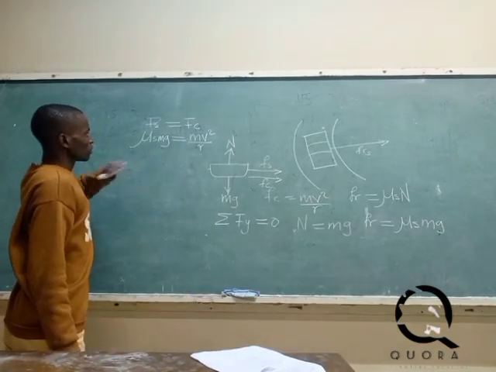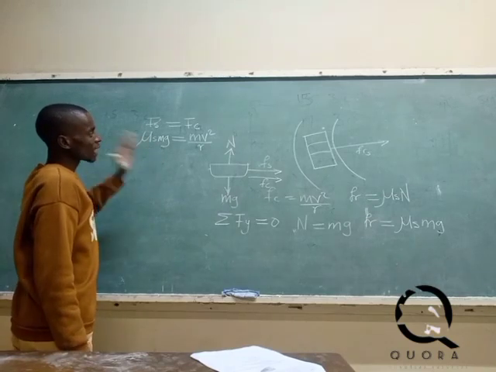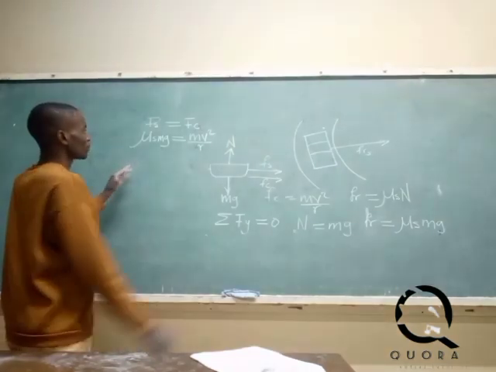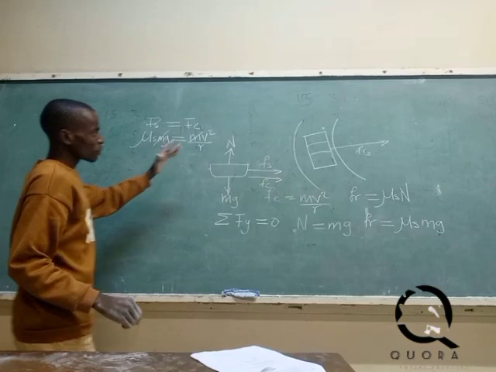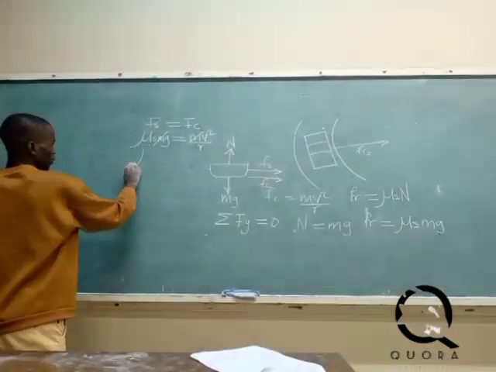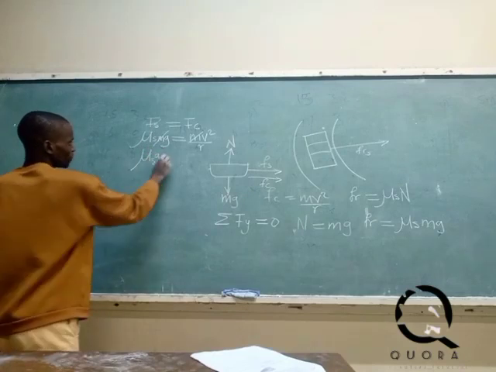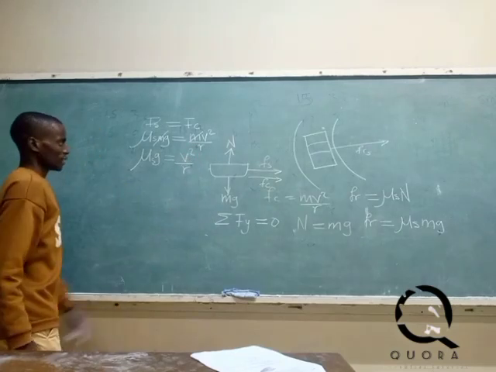Okay, now mass is constant. In short, the velocity of the car, whenever it is moving on the curve, is independent of the mass, meaning that this mass and that mass will cancel. Why? Because this is the only object having a mass at this instant. So we are going to have mu static g equal to v squared over the radius.